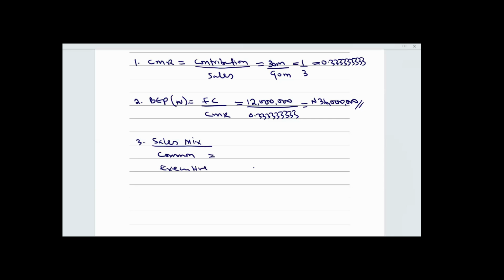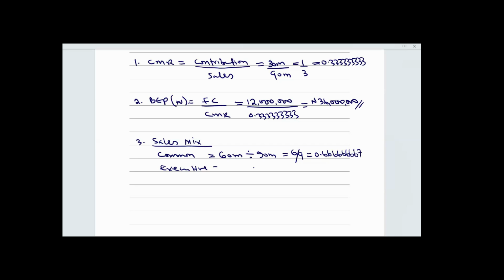The revenue of common is 60 million divided by the total revenue, which is 90 million. Therefore, this will give you 6/9. 6/9 is the same thing as 2/3, but you don't have time to be doing all of that. Just say 0.6667.